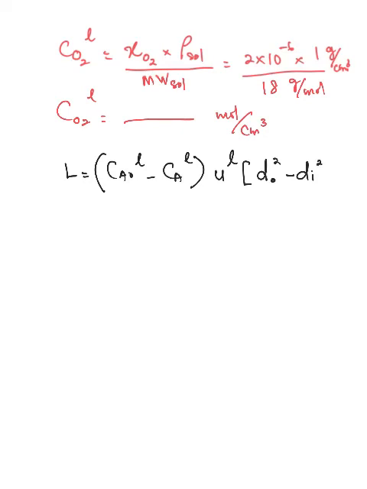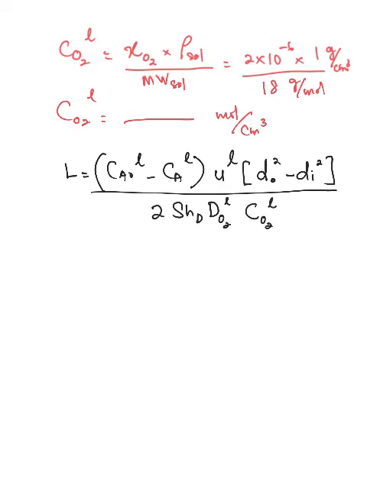Di square, and then you will get 2 as Sherwood number of oxygen ataupun Sh di oxygen lah, Sherwood number for the cylinder 8/3. Diffusivity of oxygen, concentration of oxygen in liquid phase.